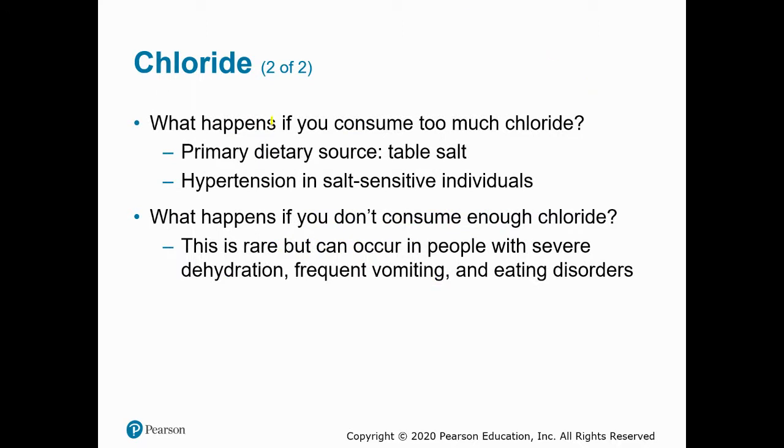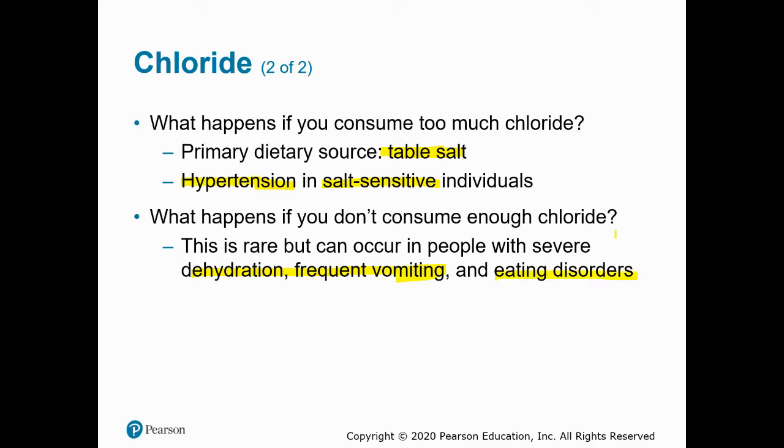So too much chloride can result in hypertension, especially in somebody who is already salt sensitive. The primary place where we get chloride in the diet is table salt, so sodium chloride. And if we don't have enough chloride, we see low body chloride, again resulting from dehydration, vomiting, excessive diarrhea, and eating disorders.